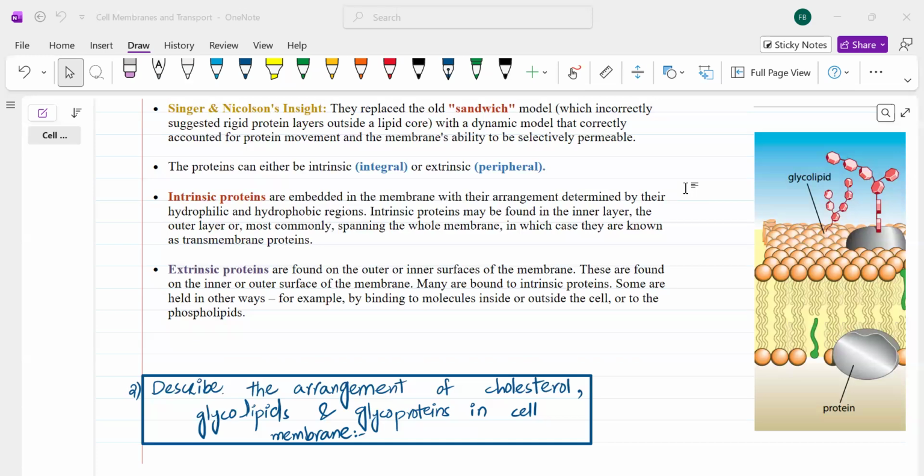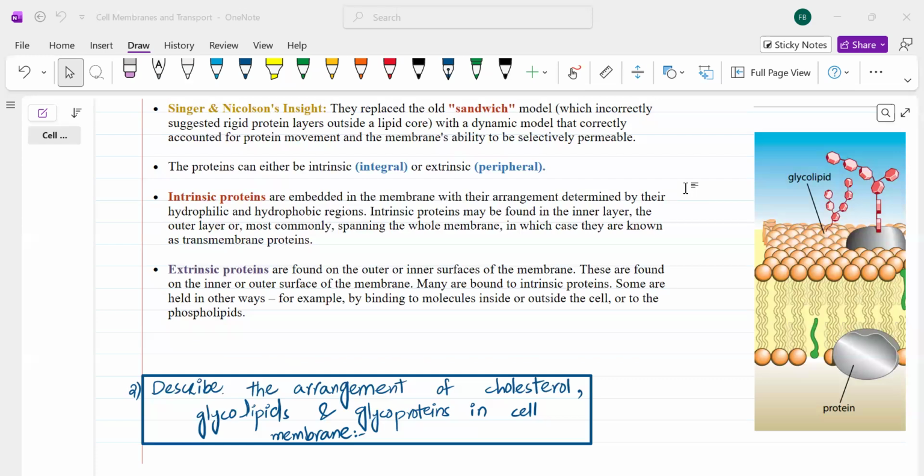We can simply say that for whatever component is present in the cell membrane, the amphipathicity of the phospholipid bilayer will decide whether that component interacts more with the hydrophilic part or the hydrophobic part.